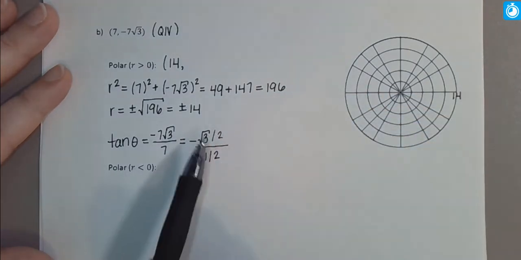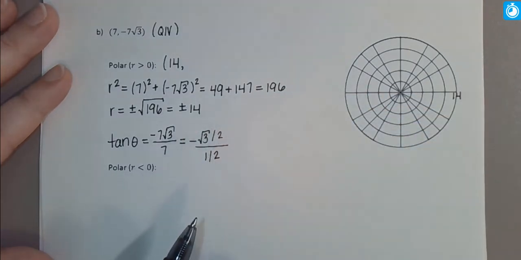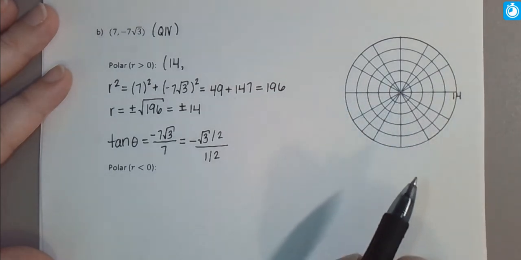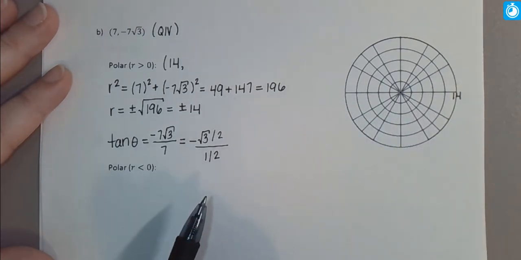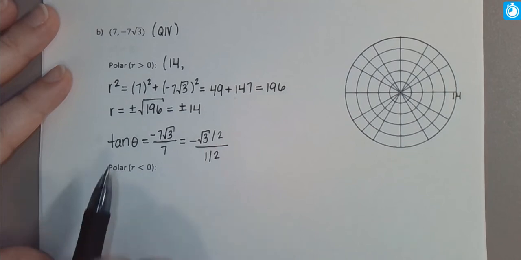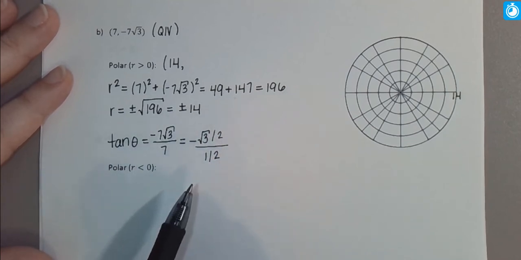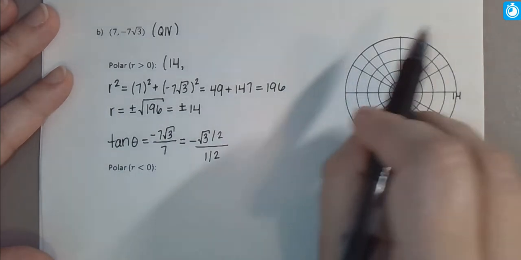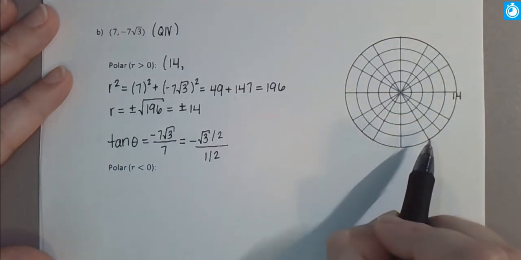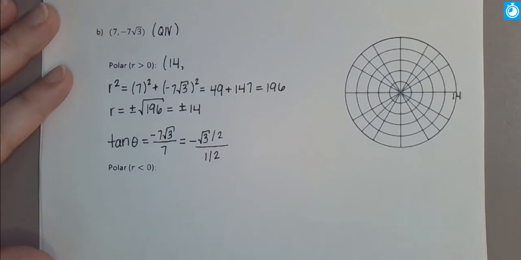So in other words, we have a value for sine that's -√3/2 and a value for cosine that's 1/2. So what value for theta would give us this value for sine and this value for cosine? Well, that would have to be this particular angle, which is going to be 5 pi over 3.